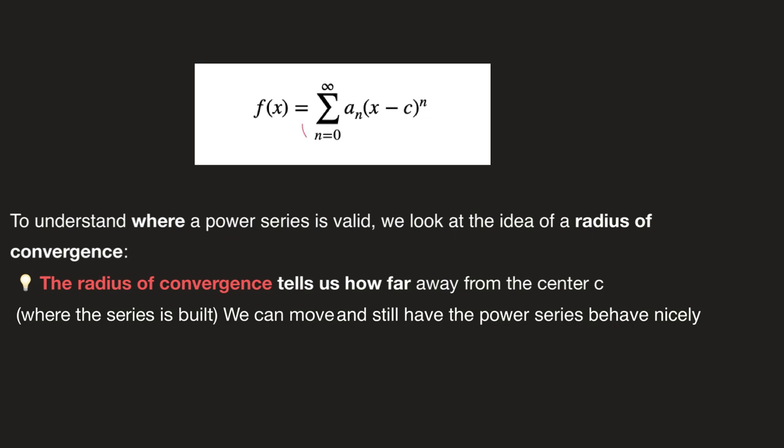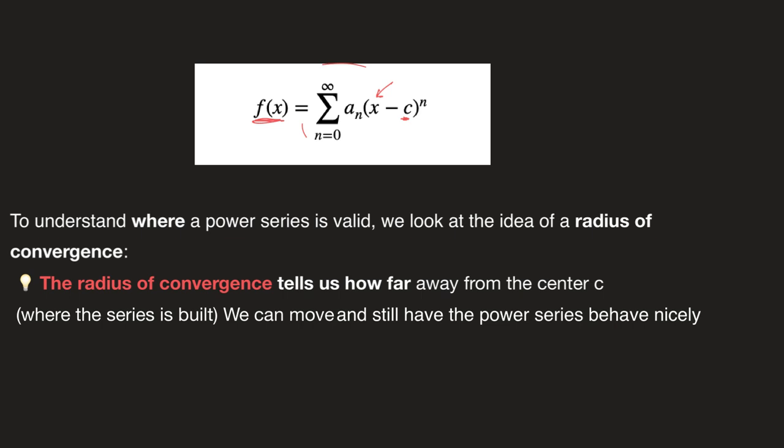So this one is the general form of a power series, guys. C is the center. The center is really important when you're talking about convergence and divergence. So whenever you plug in the x value, you define the power series. If the power series converges, then this function has meaning. So we want to give meaning to this function. We want to find the domain of f of x.